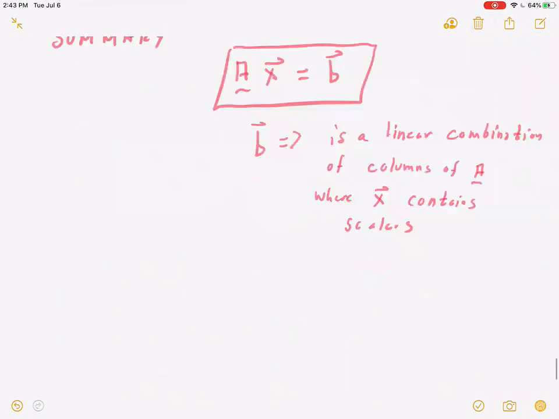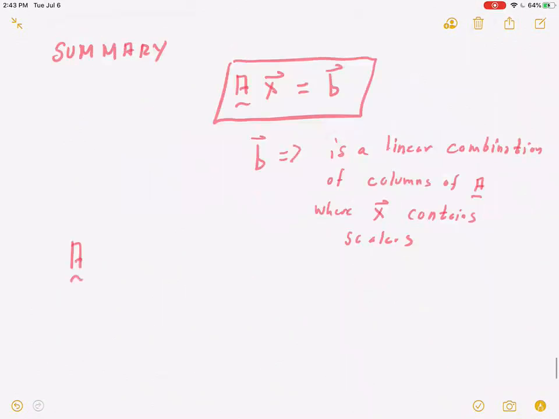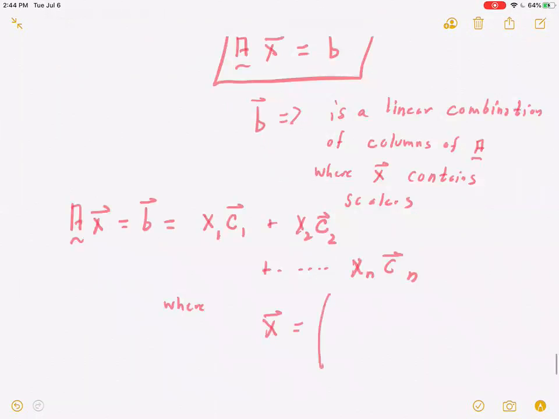So if we want to write this out in all its glory, then what this matrix equation is telling us is that this has to equal x sub 1 times c sub 1 plus x sub 2 times c sub 2 plus dot, dot, dot, x sub n times c sub n, where the scalars all belong to the matrix of unknowns.